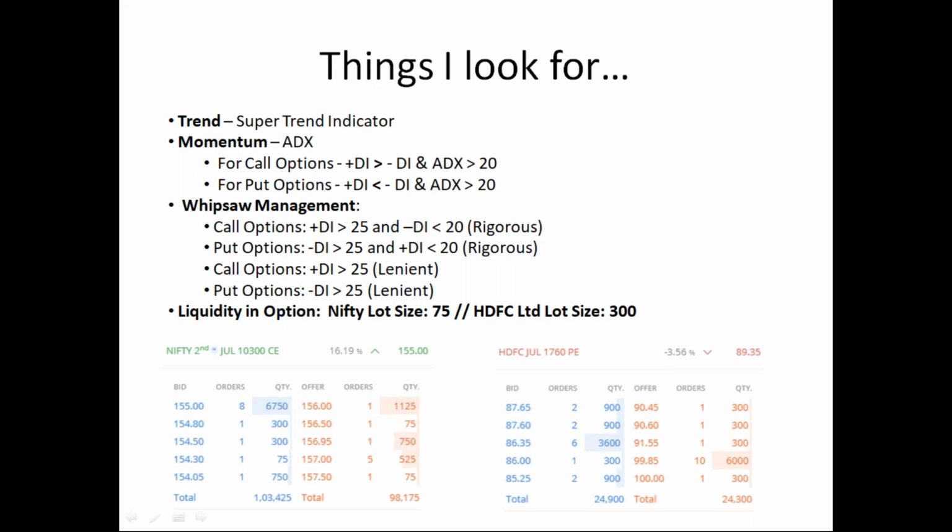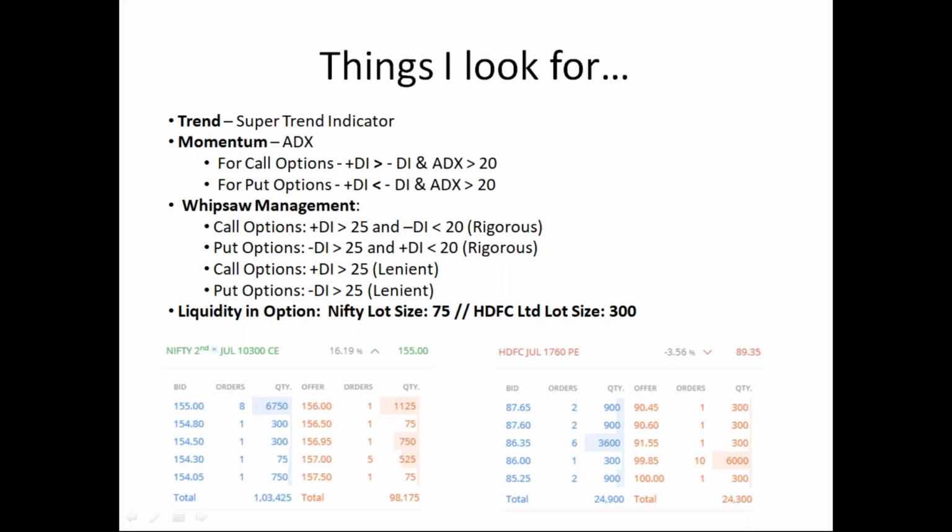So if I'm making 6,000 on the lot, I'll actually give up 2,000 to 3,000 rupees just on the execution side. So basically my MTM will look very pretty when I'm looking at my trading terminal, but when I'm actually executing it, half of my profit just goes away because of execution issues.